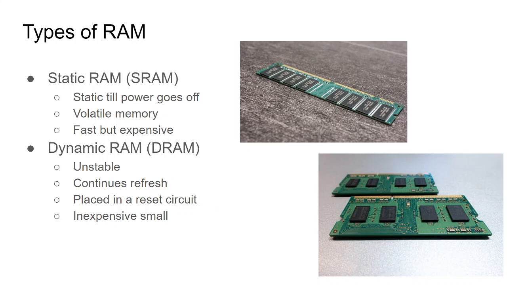Static RAM is used as cache memory because it is of very high speed, whereas dynamic RAM cannot do this. But because of its low cost, it can be used where static RAM is not that necessary. In those cases, we can use dynamic RAM.